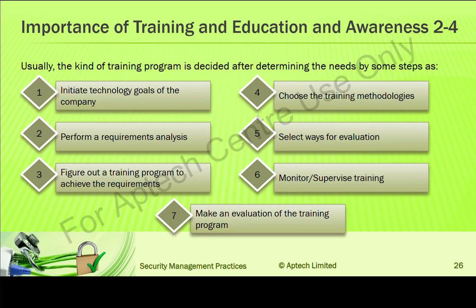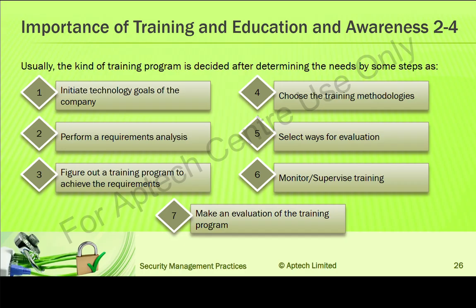Now, importance of training, education and awareness. One, it initiates technology goals to the company. Number two, it performs a requirement analysis. Number three, it figures out a training program to achieve the requirements.